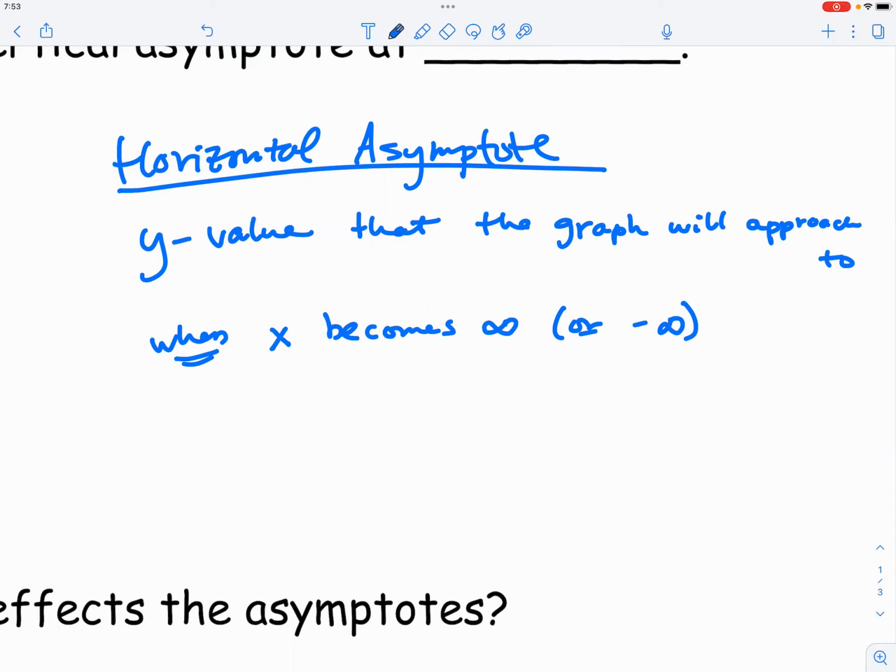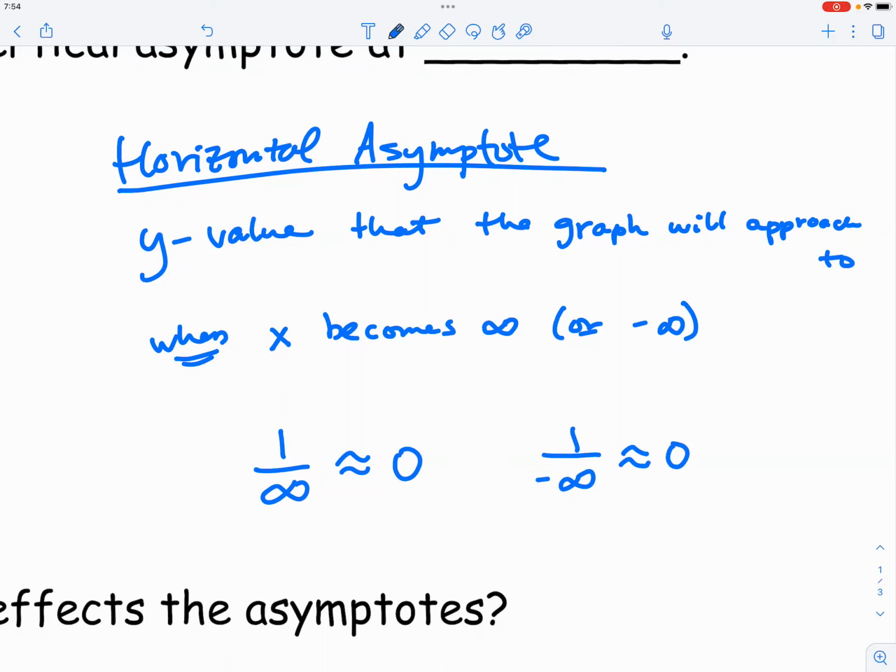So here's the thing. I want you to get comfortable in thinking about 1 over infinity, or any number over infinity is close to the number 0. Okay. Also, 1 over negative infinity is also equal to, or getting close to 0.